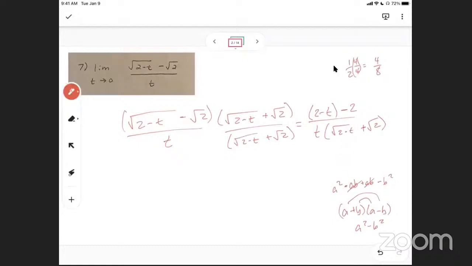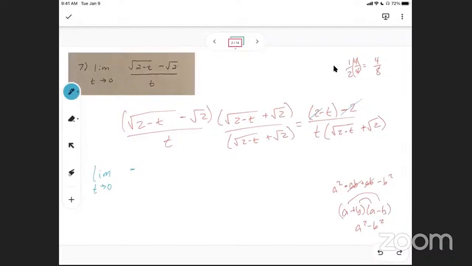Because you'll see what's going to happen soon here. At the top, what happens to this 2 and this -2? Oh, they cancel. So I'll do this in blue so you can see it better. So those cancel. So what you end up with is, this is really just the limit as t goes to 0 of -t over, actually, I'm going to go one step further.